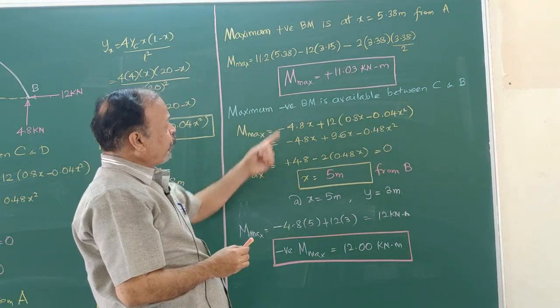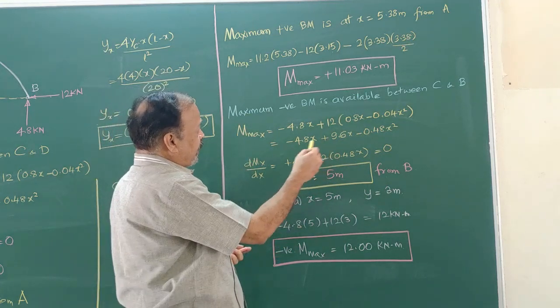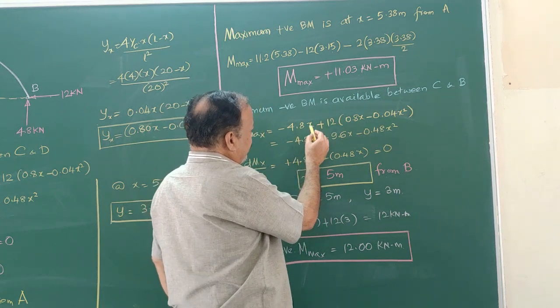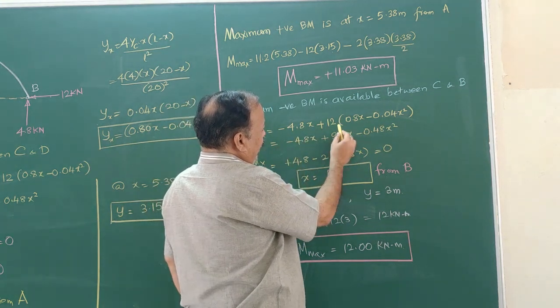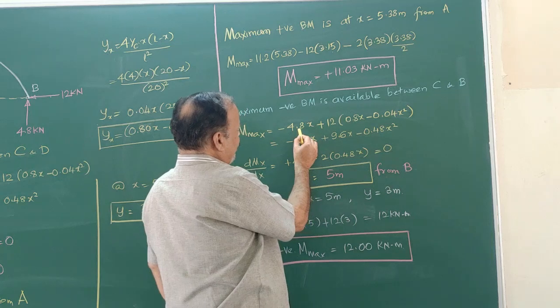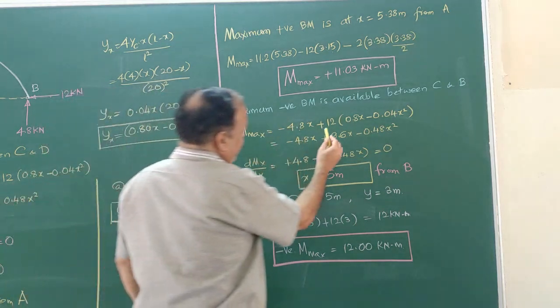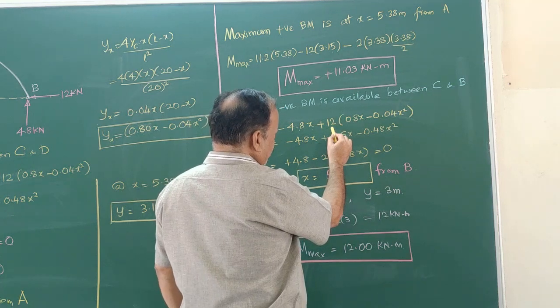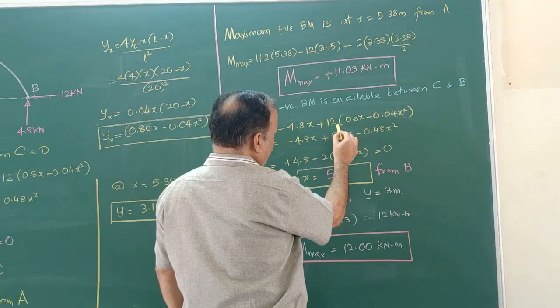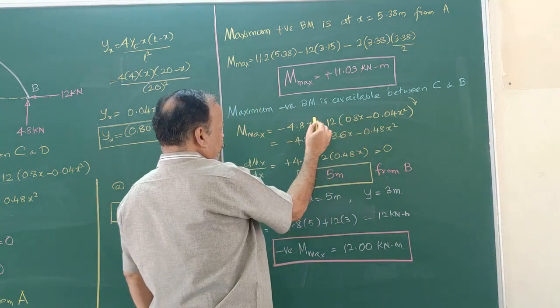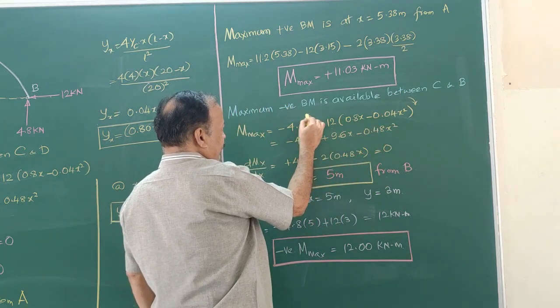And the maximum negative bending moment is available between C and B. So let us calculate the bending moment for a distance x from B, and we have the moment due to reaction, that is 4.8 into x, minus the moment due to horizontal thrust. The moment due to horizontal thrust is positive because it is clockwise, and the moment due to reaction is anti-clockwise, hence negative.